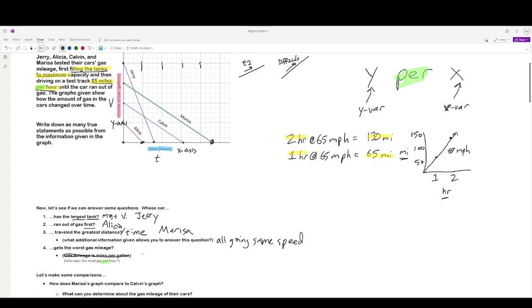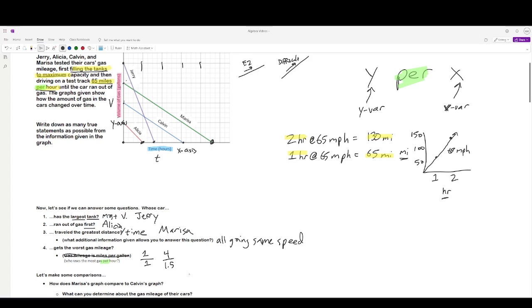So her rate would be 1 amount of gas over 1 amount of time. The second one, it looks like 1, 2, 3, is 1.5 time, but Jerry started with 1, 2, 3, 4 units of gas. So that would be 4 over 1.5 is how fast he's using up gas.